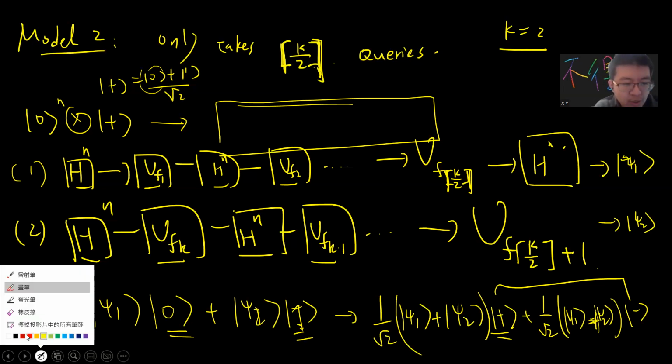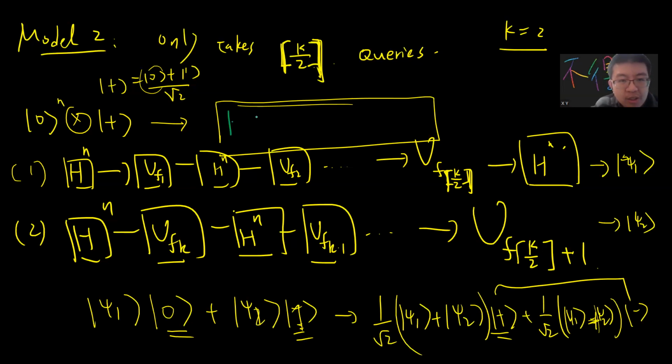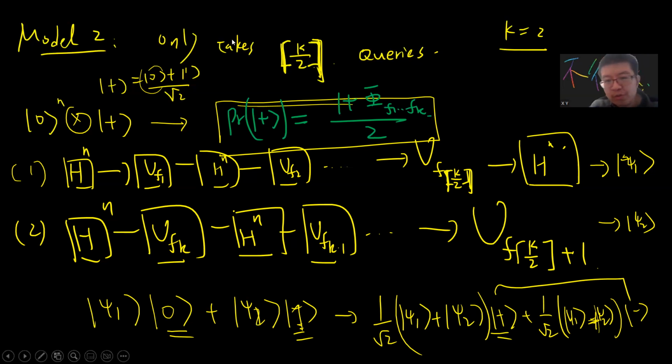The result is that the probability that you get plus is half of 1 plus phi of f1 up to fk, and it's very non-trivial to prove, but this is the result. Okay.